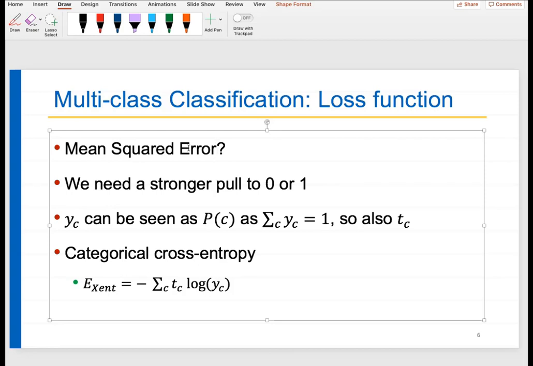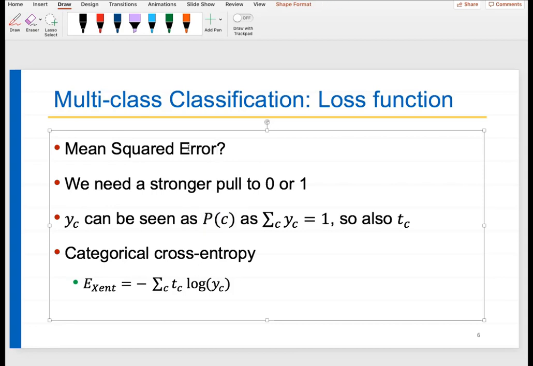Mean squared error is very good for continuous things, for any continuous approximation, which means regression problems. But in this case, you know your answers are discrete, either 0 or 1, ideally. So you want a very strong pull to these discrete values. That's why we don't use mean squared error, but we have to use some stronger pulling error function.